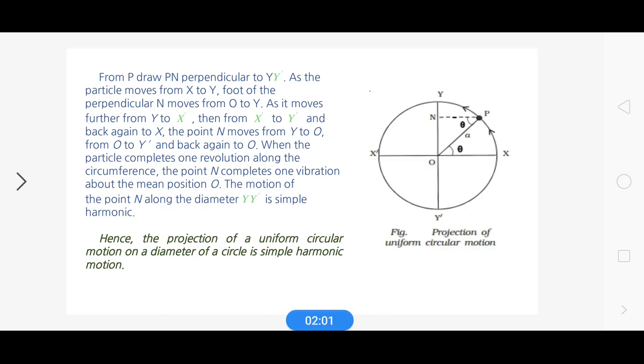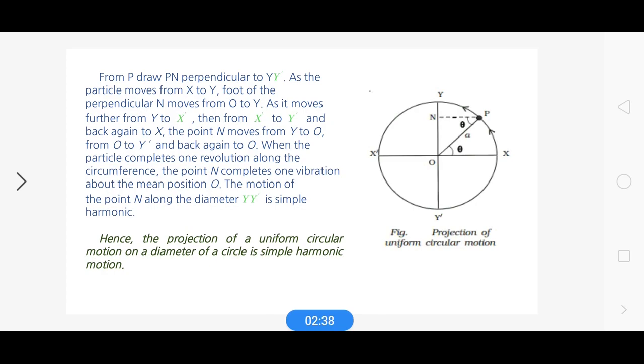As the particle moves from X to Y, the foot of the perpendicular moves from O to N, moving towards Y. When the particle reaches Y, the foot of the perpendicular is Y itself.